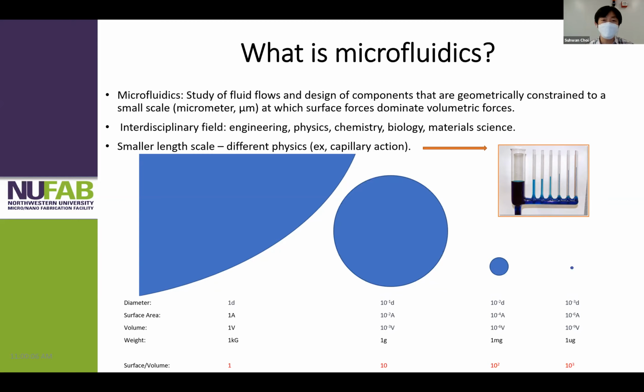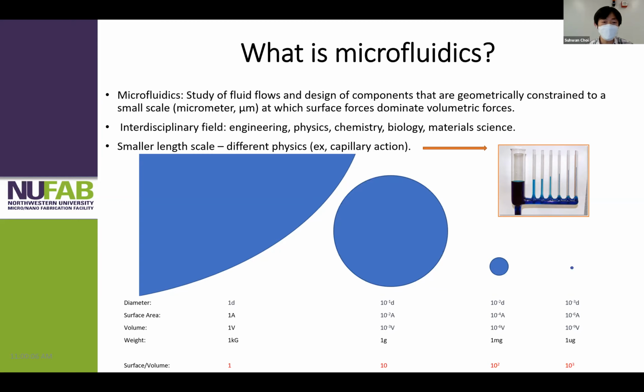One example is capillary action. In this cartoon there are four liquid droplets of different sizes. The diameter of the biggest one is 1D, the next is 0.1, then 0.01, and the smallest is 0.001.